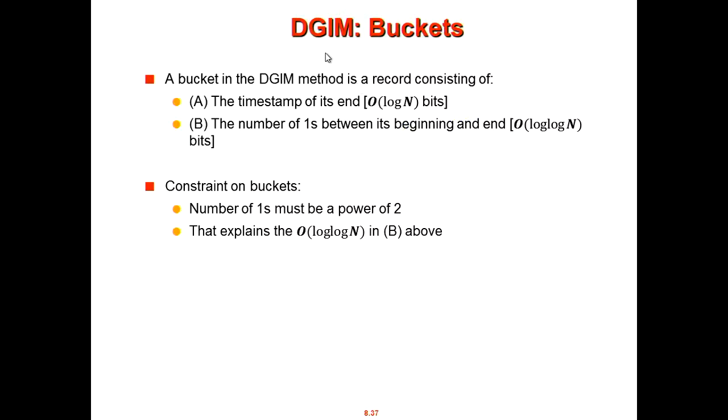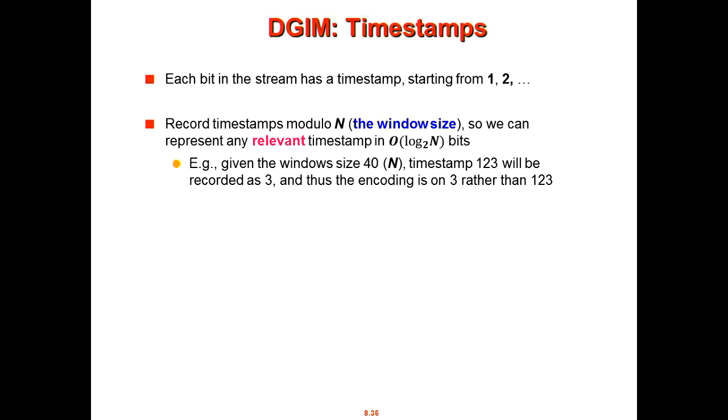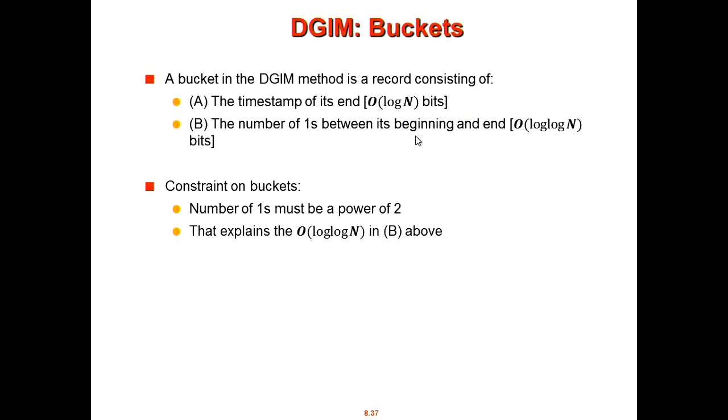Okay. About this algorithm, as shown before, the most important structure is a block. The block contains some number of ones and also has a starting point, and this starting point is represented as a time step, obtained by the original time step modulo the window size n. And this block actually is called a bucket in this algorithm.